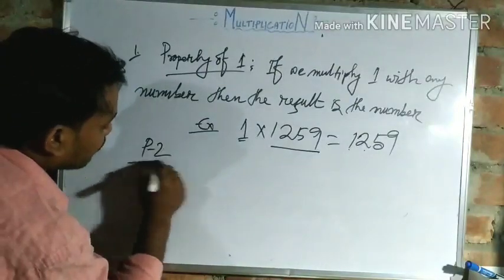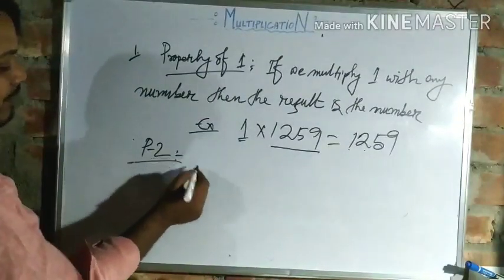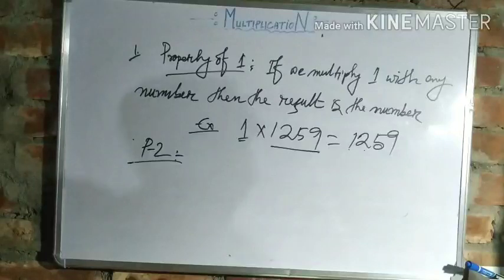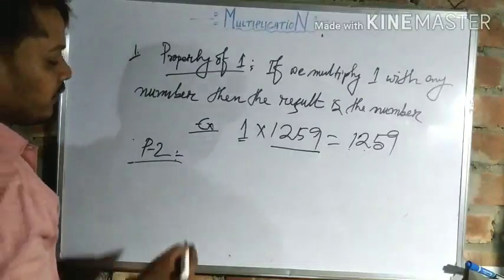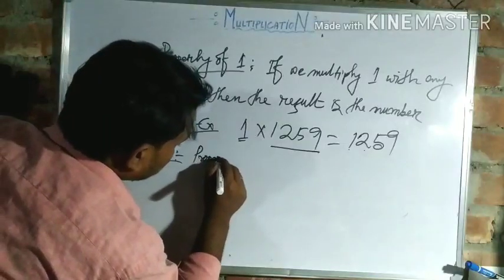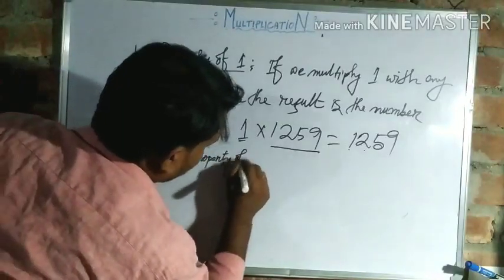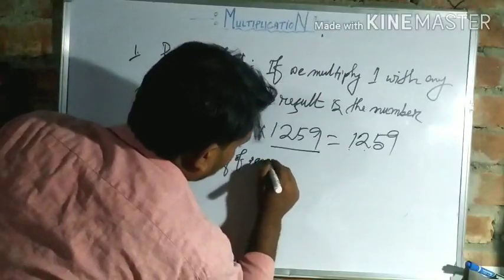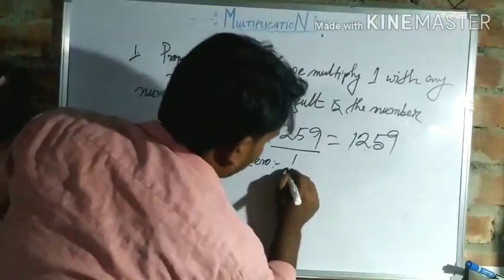Property number 2, in short P2, is the property of 0. What is the property?